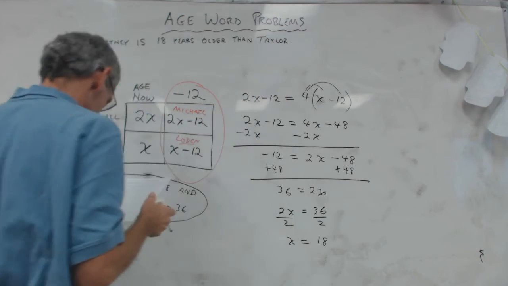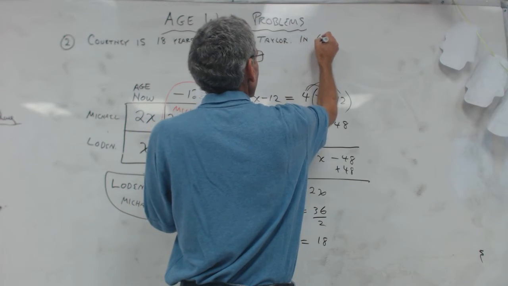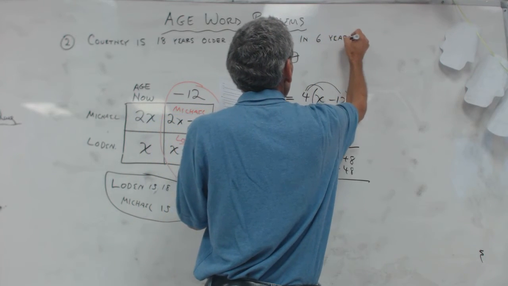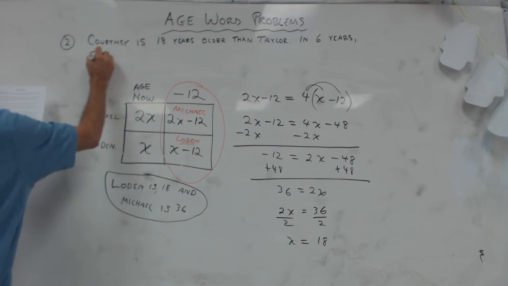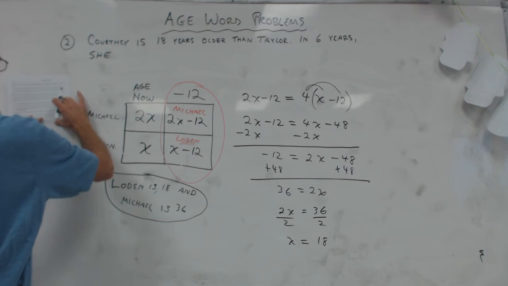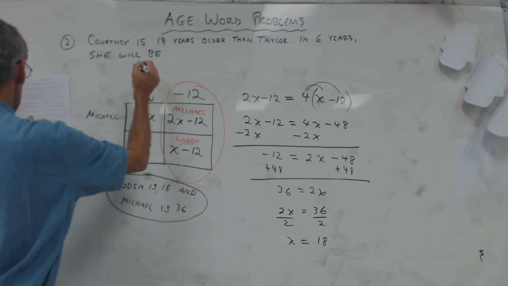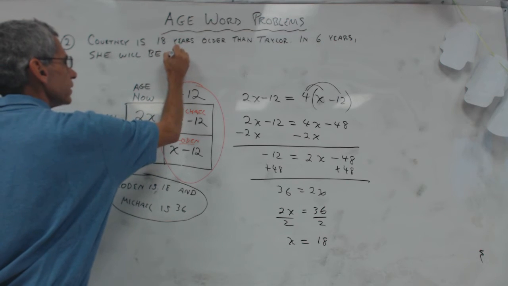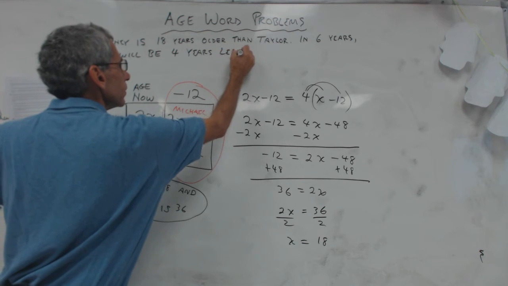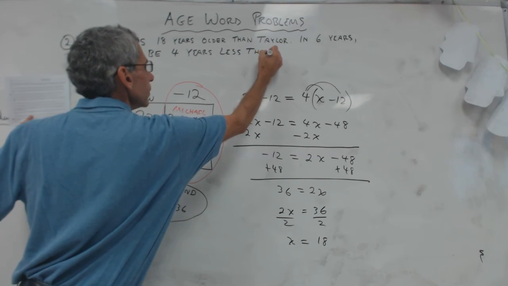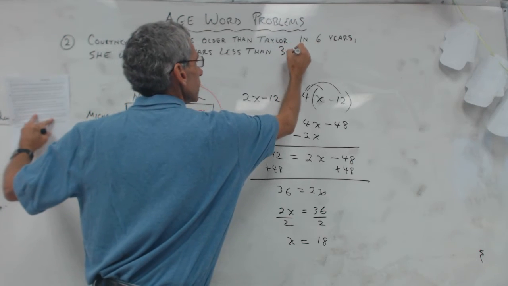In 6 years, so be sure you're writing this down, in 6 years, she will be 4 years less than 3 times Taylor's age.